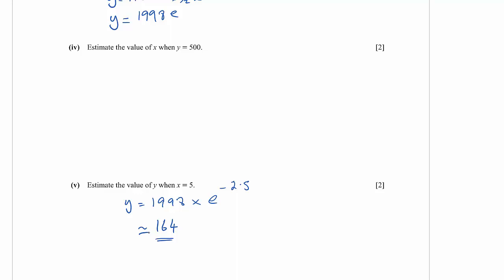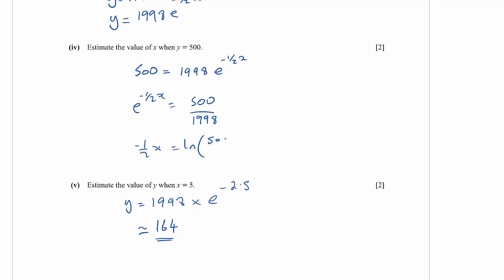And then find the value of x when y is 500. So 500 is equal to 1998 e to the negative half x. So e to the negative half x is going to be 500 over 1998. So negative half x is going to be the ln of that. I probably should have used the form that was already in ln form.